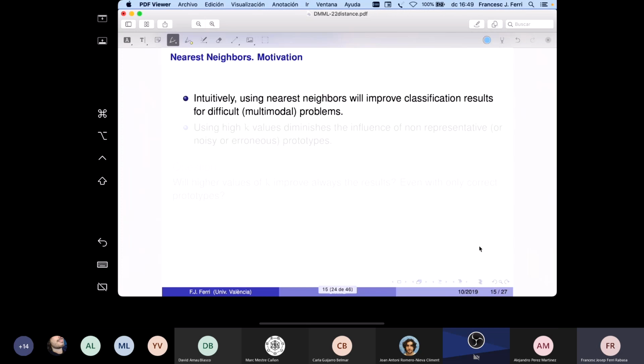Intuitively, using nearest neighbors, using these rules, we will obtain good results if we have data sets that are representative. If we increase the number of k, then the importance of points which can be misleading is reduced.